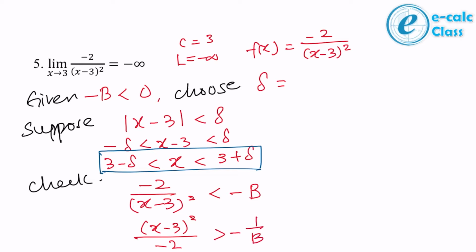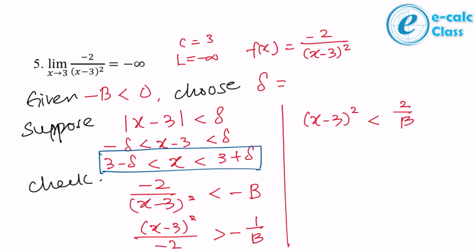Okay, then I will just continue here. I hope I have enough space. And now what? I multiply both sides by negative 2 and I need to switch the sign again. So x minus 3 square, switch the sign, 2 over b.